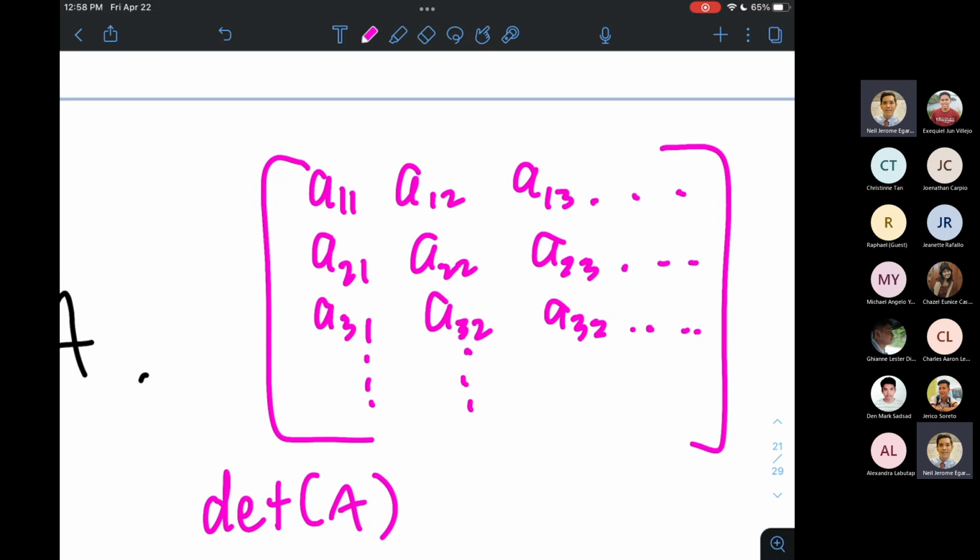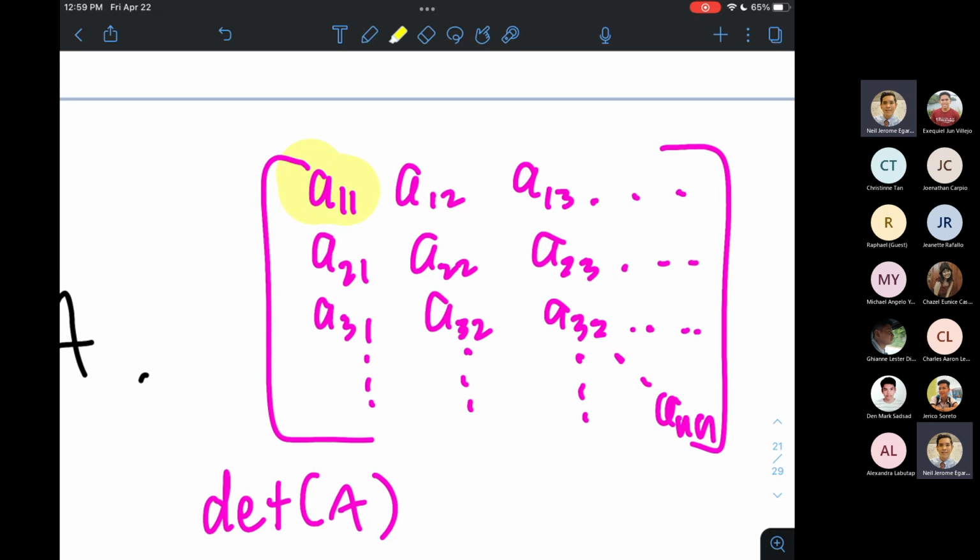All right, yan yung itsura niya. N by N siya kunwari, right? So para ma-check kung meron kang LU factorization, kunin mo yung leading principal minors. Ano yung leading principal minors? Siya yung mga determinants nung increasing square matrix coming from the upper left-hand corner.